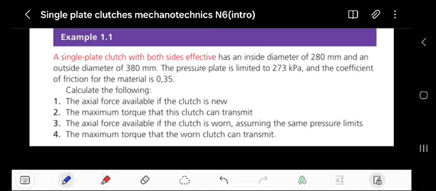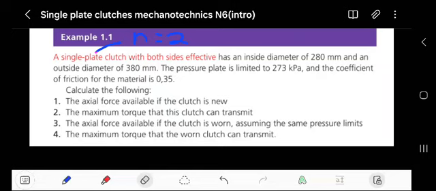All I know is when you're dealing with a single plate clutch, the number of contact surfaces must equal 2. If you are dealing with a single clutch, the number of contact surfaces must equal 2.